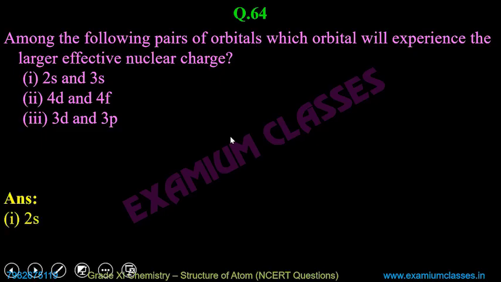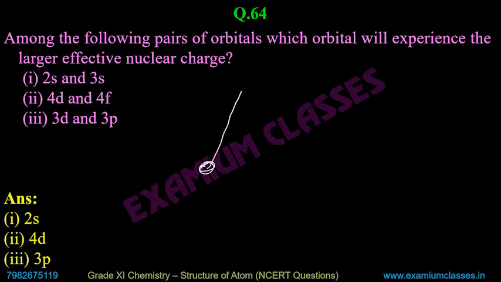The rule is simple that the larger the distance from the nucleus, the less the effective nuclear charge. So these are closer.